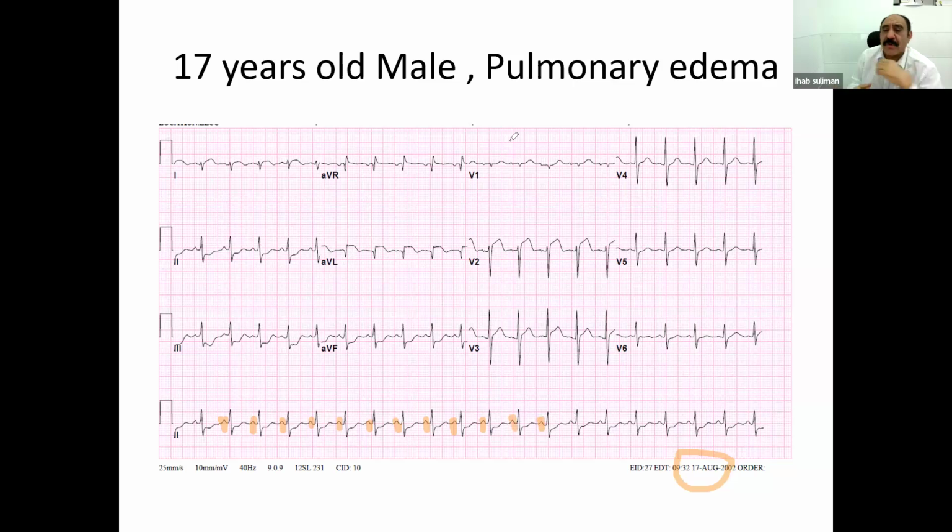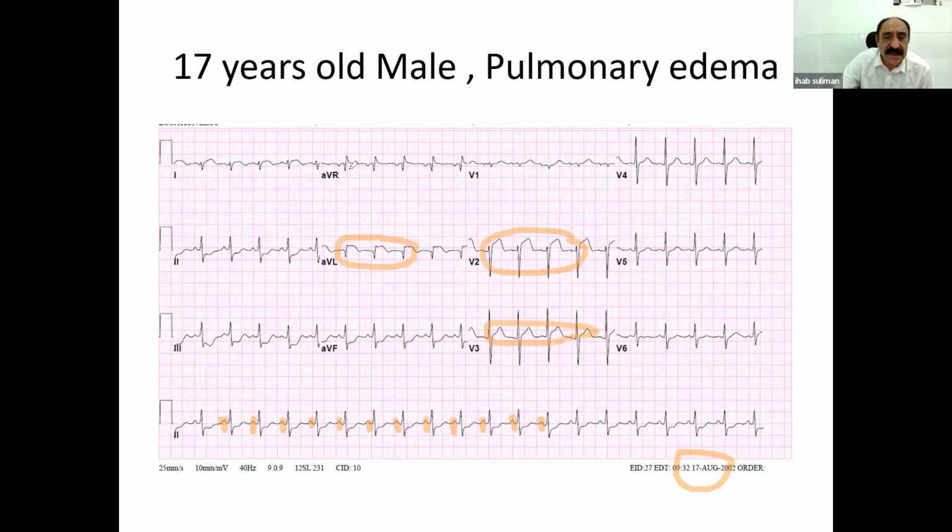So where is the abnormality on the ECG for this young man who is not known before to be cardiac? He had a very short illness of 1 or 2 days, and he came with pulmonary edema. I can point out he has ST elevation in AVL and ST elevation in V2 and to some extent in V3.